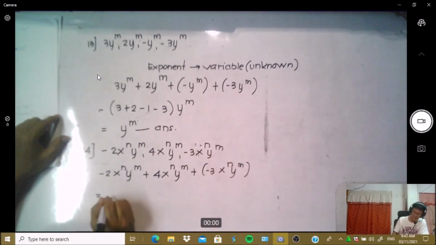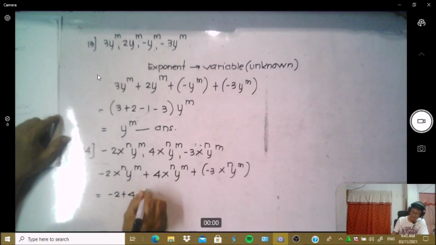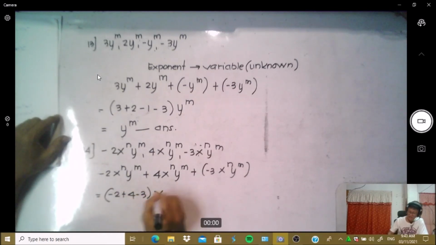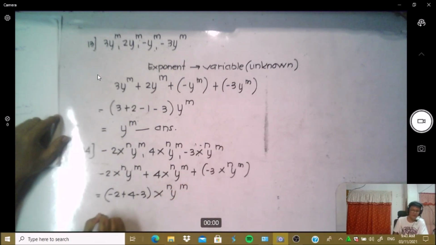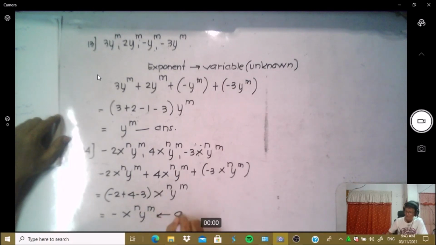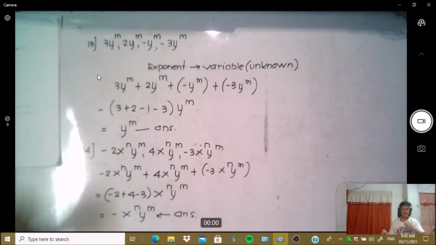So that's simply negative 2 plus 4 minus 3, then parentheses x raised to n, y raised to m. And that will be equal to, actually, negative 1. So that is negative x raised to n, y raised to m. And this is our final answer.